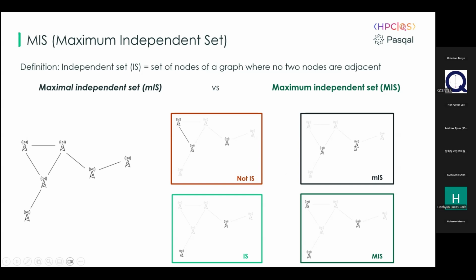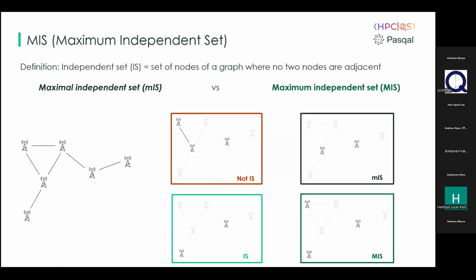And if I were to add any of the other nodes to the selection, so the one on the bottom, there is an edge that appears, so it's not an independent set anymore. If I add the top left one, there is an edge that appears, etc., etc. So to this selection, I can no longer add more nodes to keep it independent. Therefore, it's a maximal independent set, referring to the fact that I can no longer extend it.